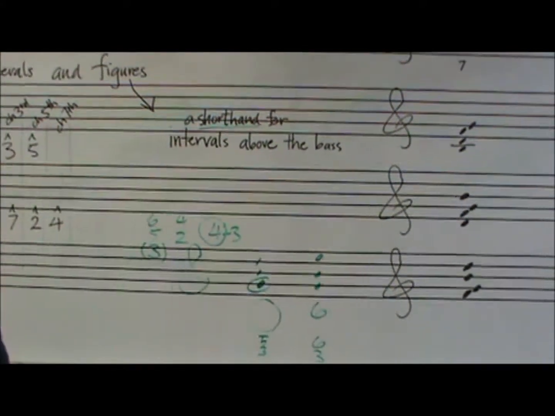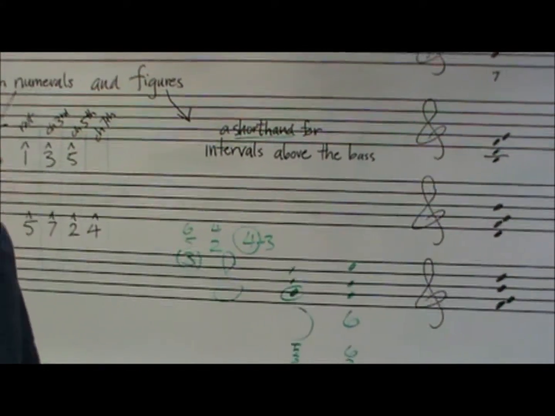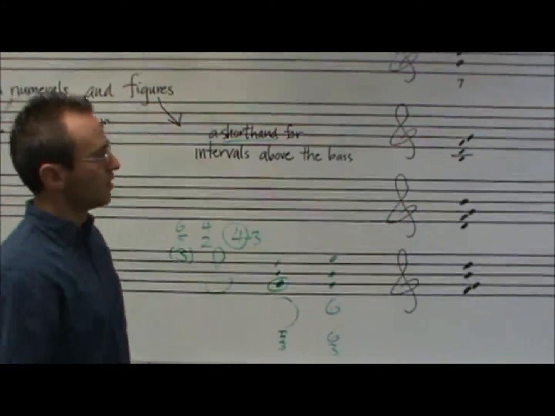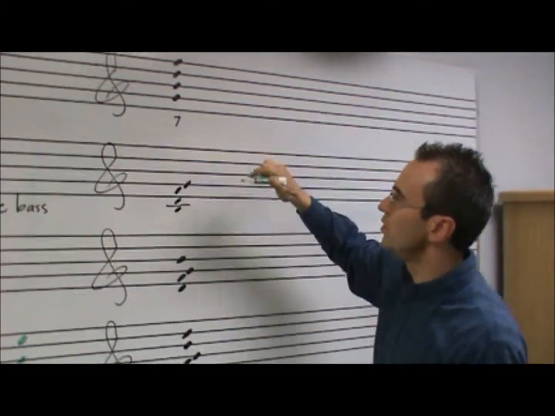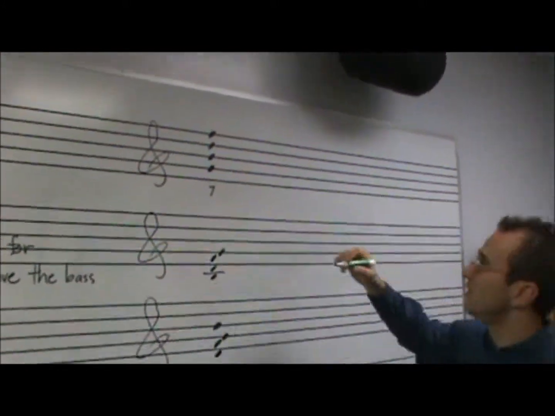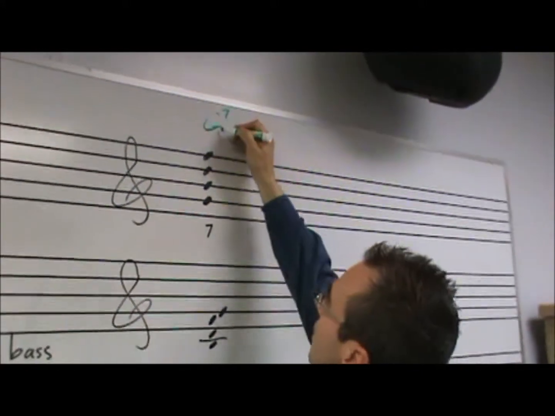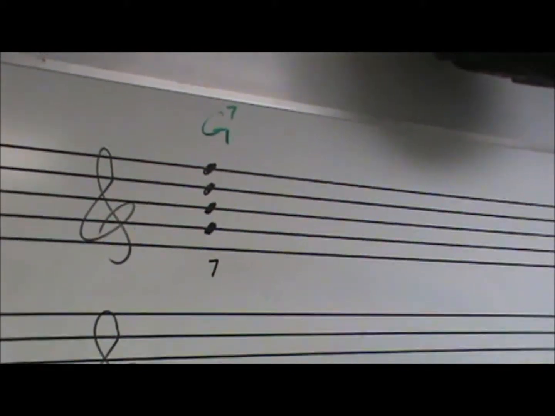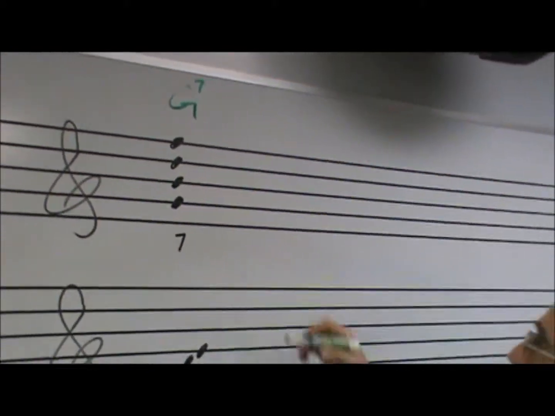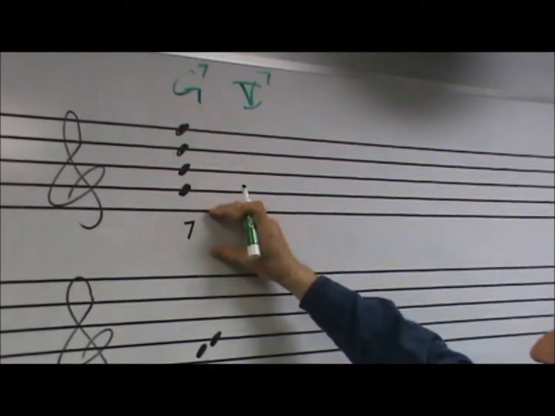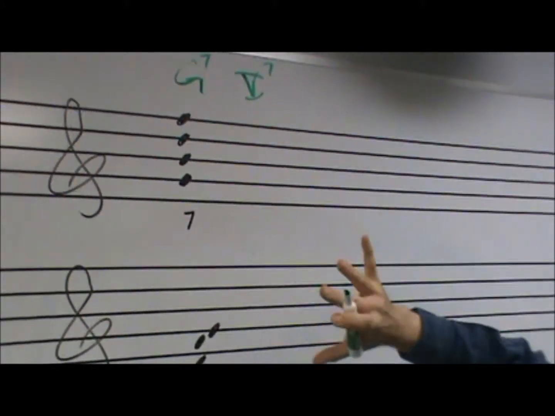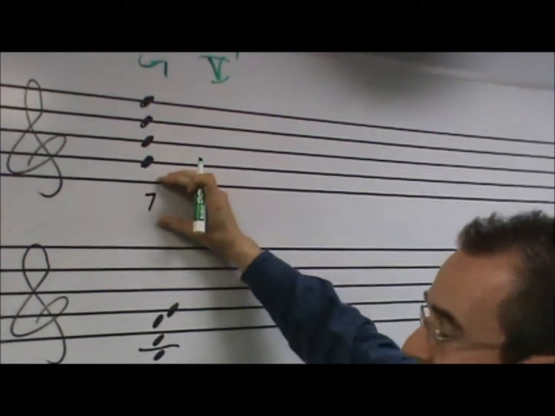Now let's talk about some 7th chords and what they mean if you look at figures. Okay, so here's a chord, and we tend to think of this as a G7 chord. And if we were in the key of C, we're comfortable with giving the Roman numerals and all that. But I'm going to discard the Roman numeral and isolate the figure.